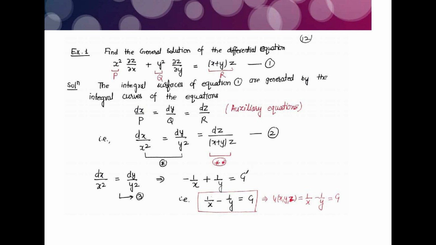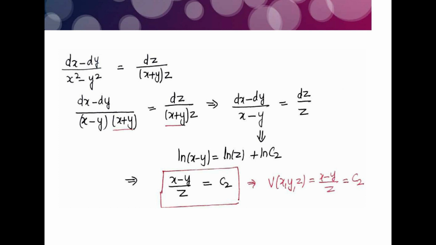Till now we have just used the first two terms of the auxiliary equation. We have not used the third combination, that is with dz. So to find the next one, we have to make sure that we are using the third term, that is dz upon x plus y into z. If you see the third ratio in the auxiliary equation, with dz we have z in the denominator and we have x plus y also.